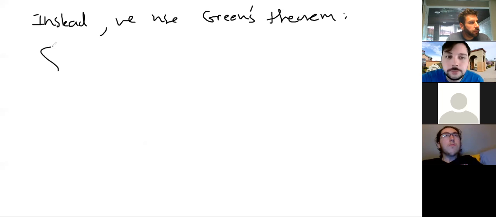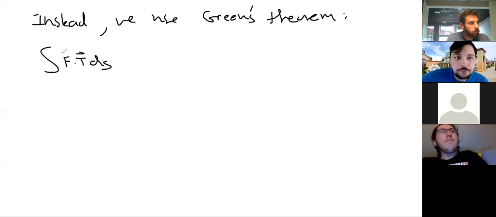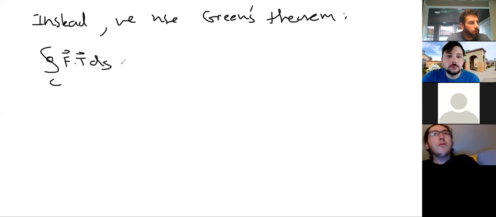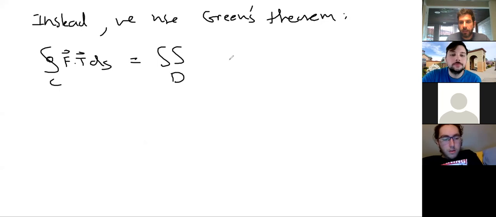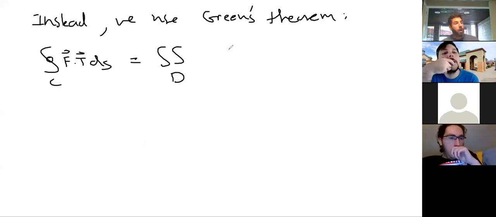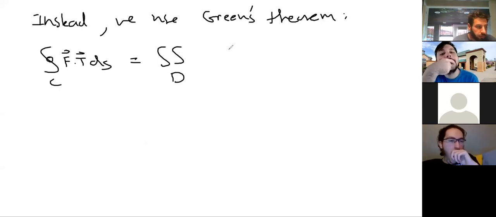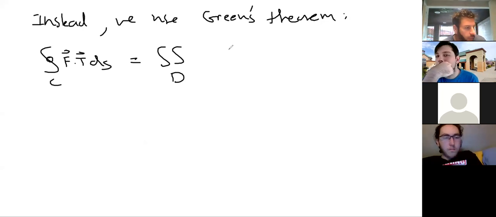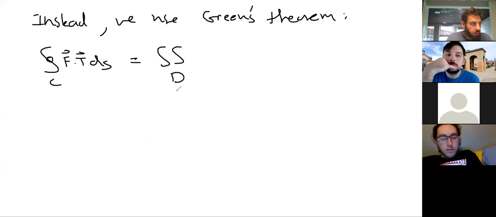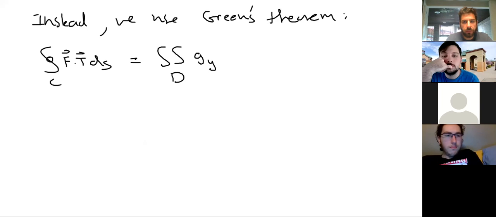So Green's theorem tells us that the integral of F dot T ds over this curve is the double integral over the domain of what? Well, let's remind ourselves what everything is. So this double integral is, we take the second component of F, so this is g sub x.